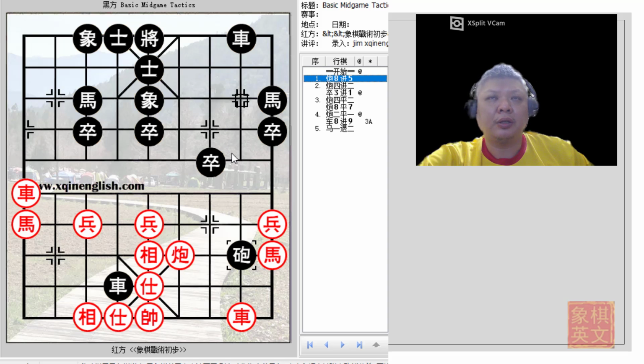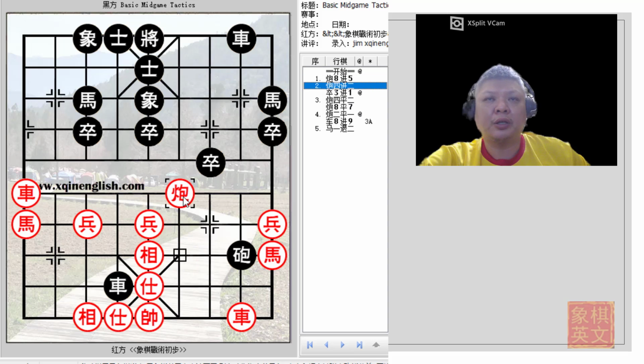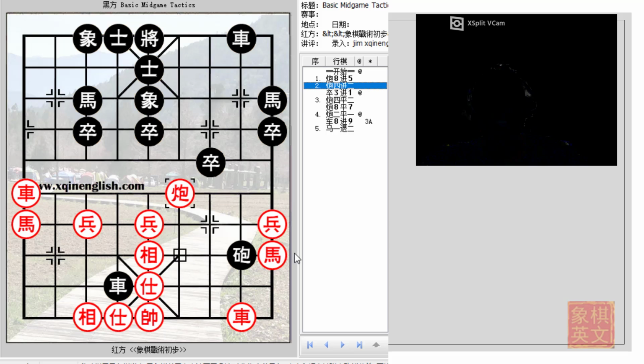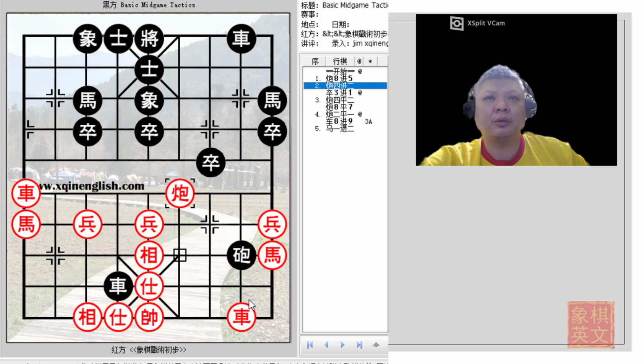In this situation, one major problem that black might have would be this horse, because it will need some development. So after c8 plus 5, red pushed forward his cannon so that this discovered check to initiate trade of material would not happen.